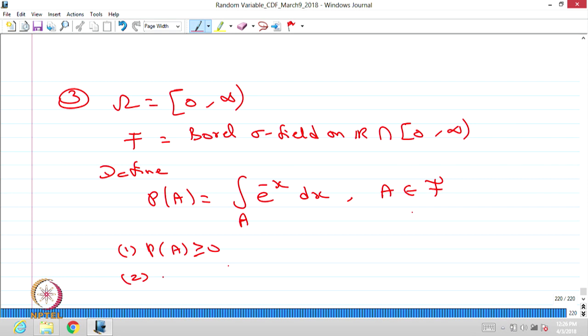The second condition we can verify: P of omega, that is nothing but integration over omega of e power minus x dx.